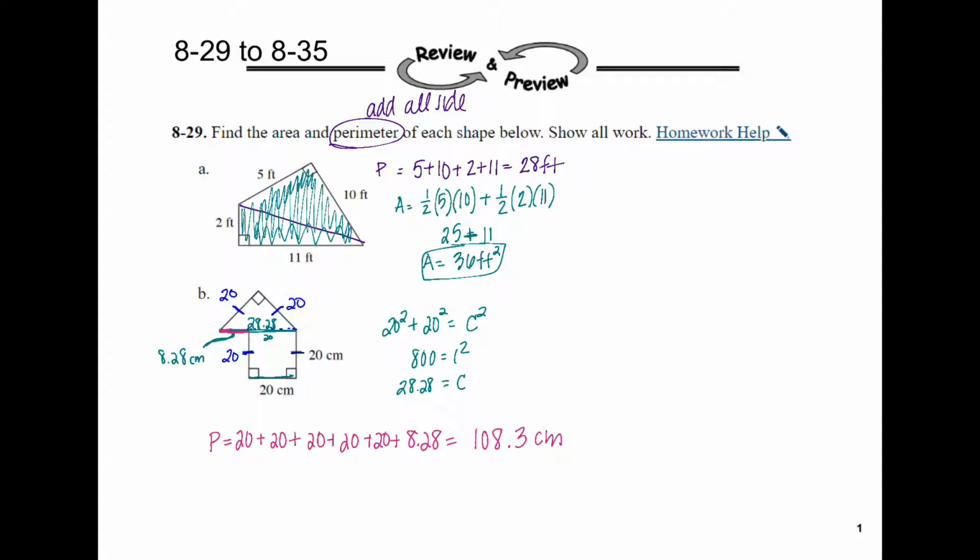When we take a look at the area of this figure, I notice that I have a square. The area of a square, I do base times height, so 20 times 20. I need to add the area of my triangle, which is 1/2 base times height. So my area of my figure is 600 centimeters squared.